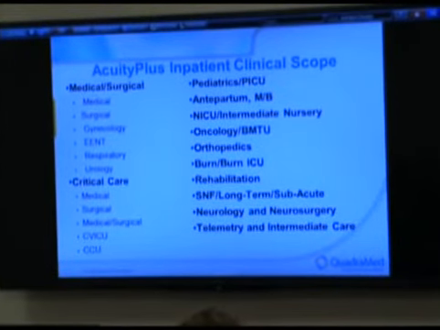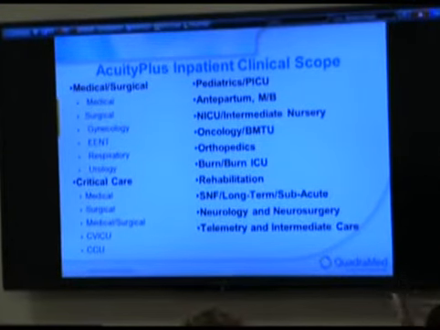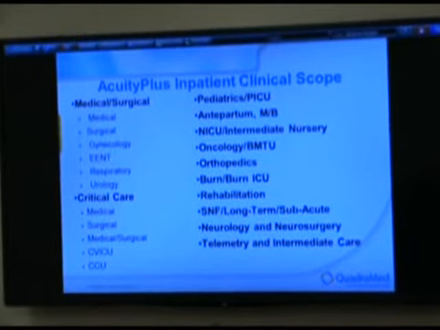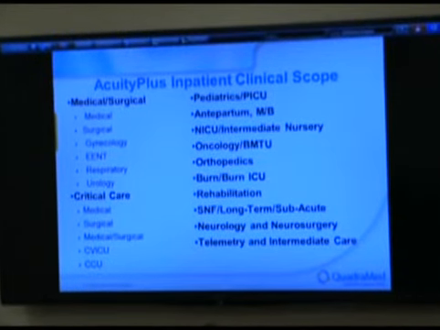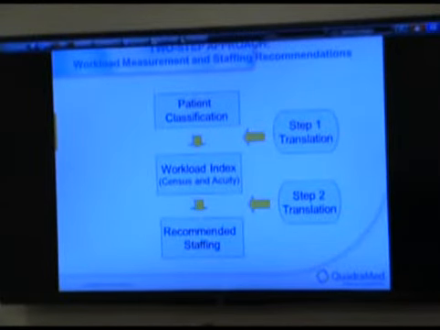So these are the areas we tested the tool in: medical, surgical, and all of the subspecialties underneath it, critical care, all of those subspecialties, pediatrics, antepartum, NICU, nursery, oncology, bone marrow, orthopedic, rehab, burn ICU, skilled nursing facility, neurology, neurosurgery, telemetry, and intermediate care. Now, if anybody has any questions, please feel free to raise your hand and interrupt me at any time.